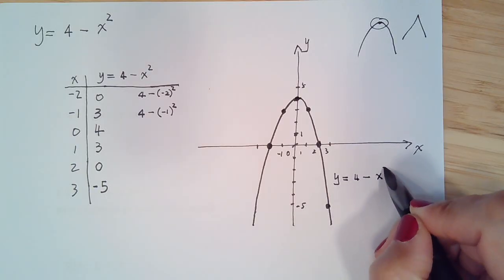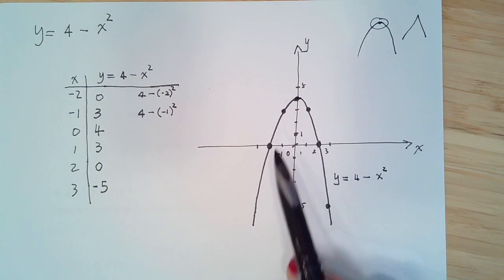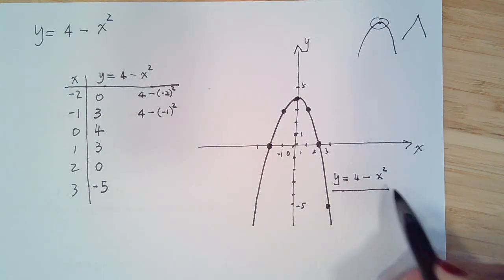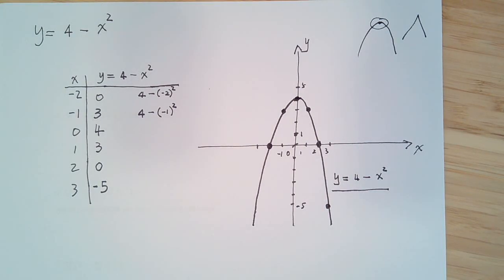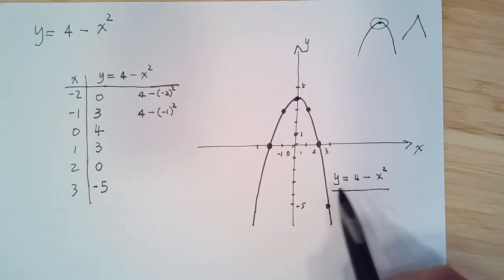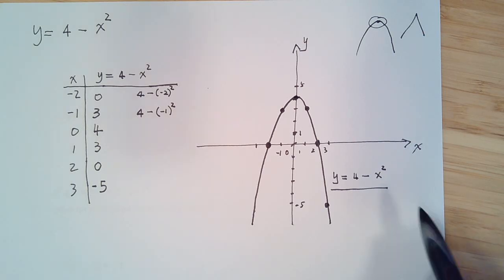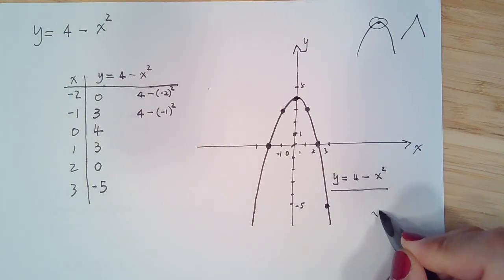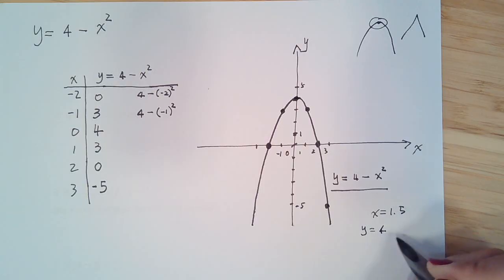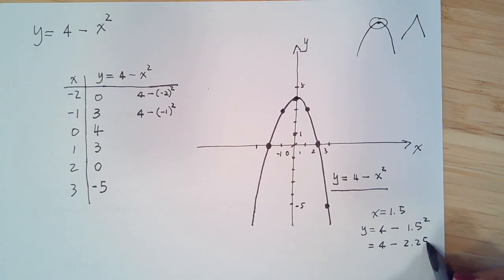So this graph is y equals 4 minus x squared. For any point on this curve, the xy coordinates will satisfy this equation. Do you want to see what happens when x equals 1.5? When x equals 1.5, y should be 4 minus 1.5 squared, that would be 4 minus 2.25, which is 1.75.